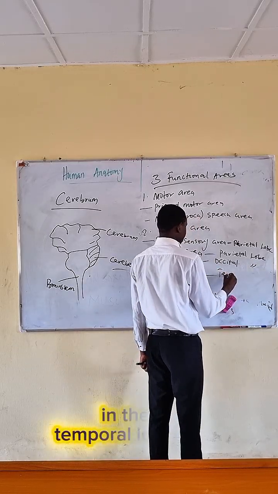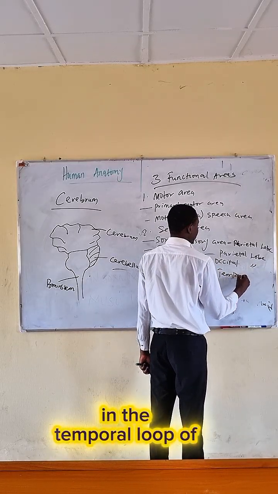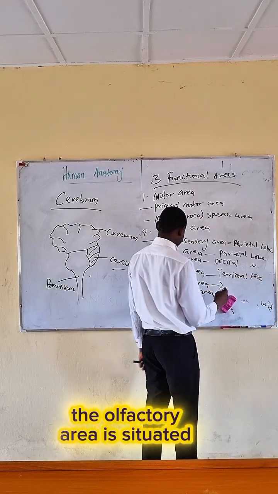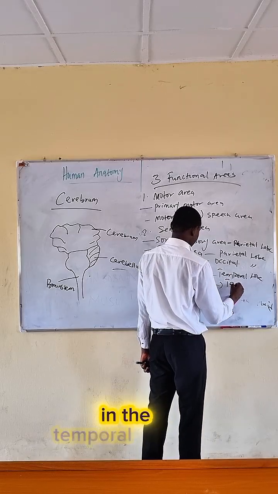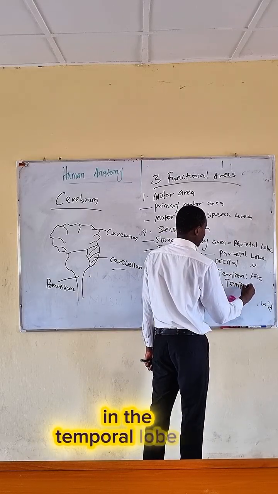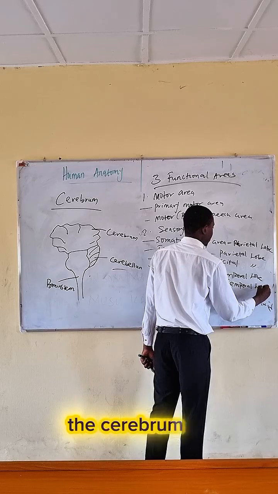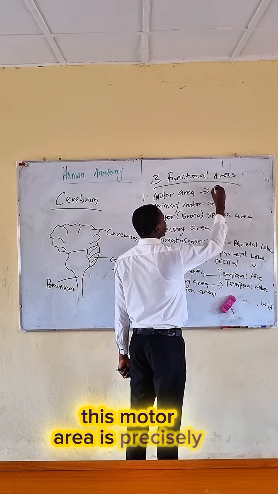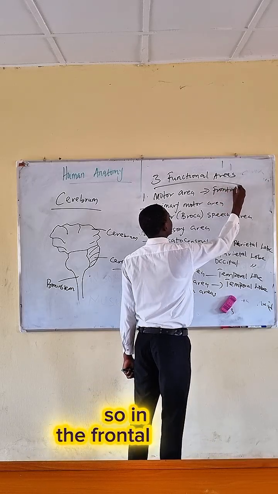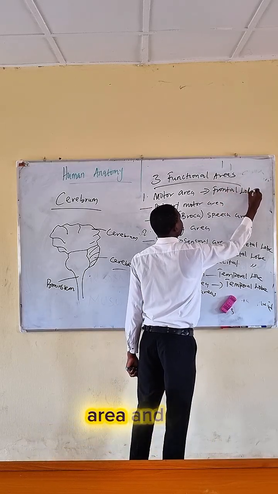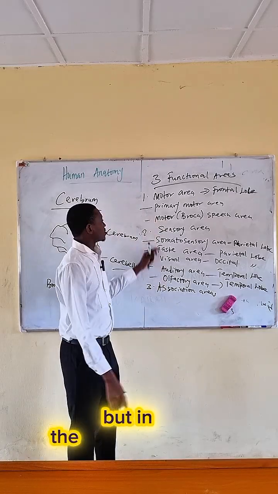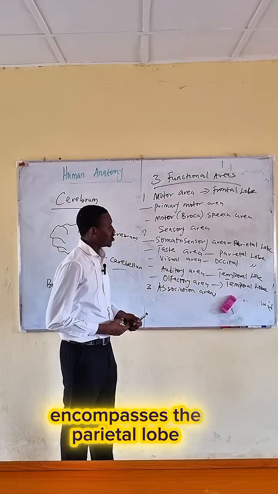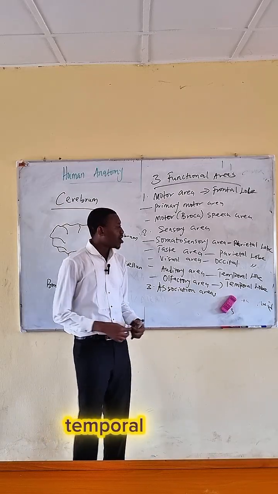The auditory area is situated in the temporal lobe of the cerebrum. The olfactory area is situated in the temporal lobe of the cerebrum. It's important to equally note that the motor area is precisely in the frontal lobe. So in the frontal lobe, we have the motor speech area and the primary motor area. But the sensory areas encompass the parietal lobe, the occipital lobe, and even the temporal lobe.